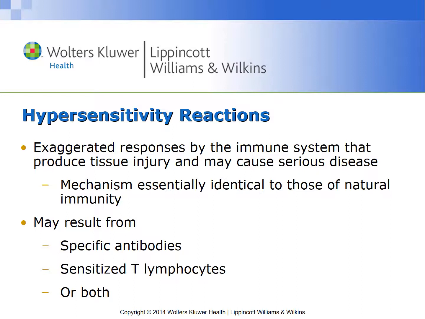Okay, so what goes on when we're having a hypersensitivity reaction? Allergic reaction is another way to say this, but what happens is our immune system is overworking. It's an exaggerated response that produces tissue injury and can definitely cause serious problems for sure.